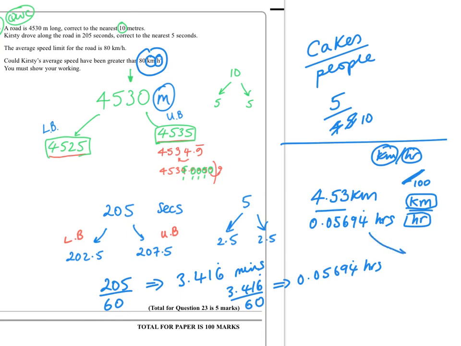That would give us, and I'll write that in a different colour, approximately 79.6 kilometres an hour to 1 decimal place. However, we have to try and see whether her average speed could have been greater than 80.